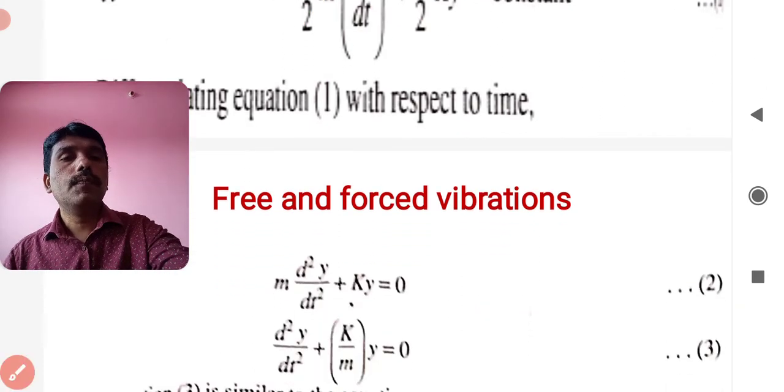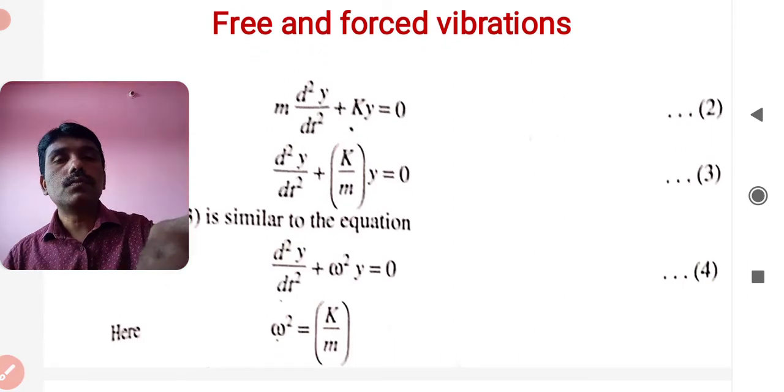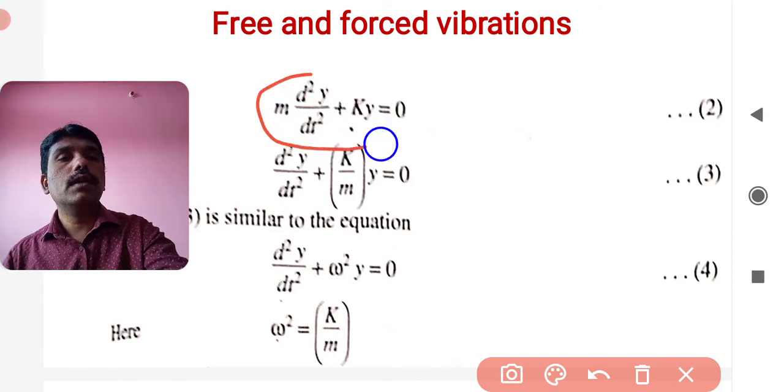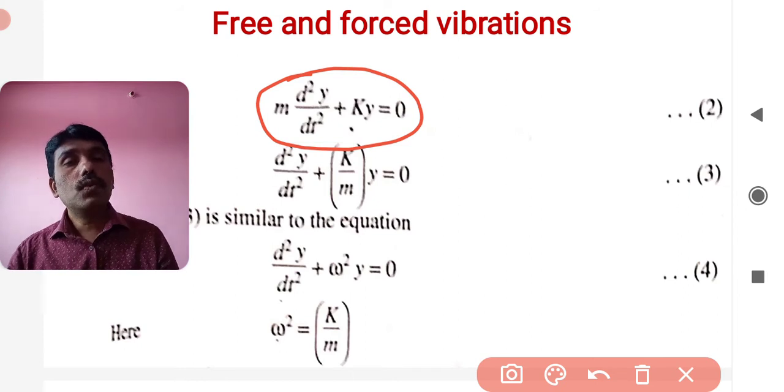That is the differentiation with respect to t. So the relation is m d2y by dt square plus k y is equal to 0. This is the differentiation.